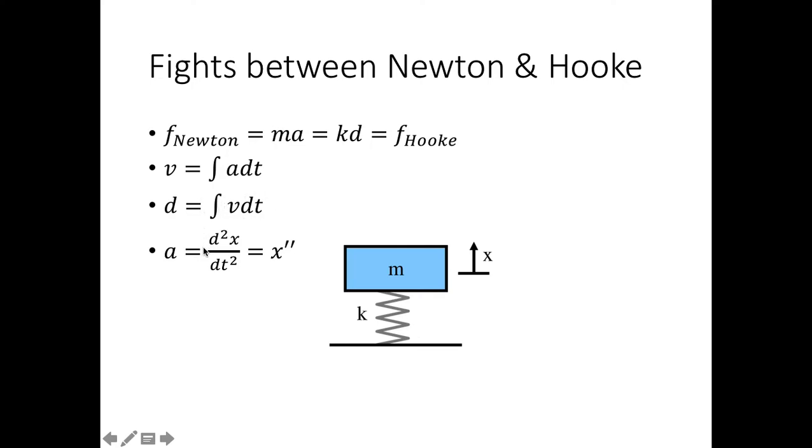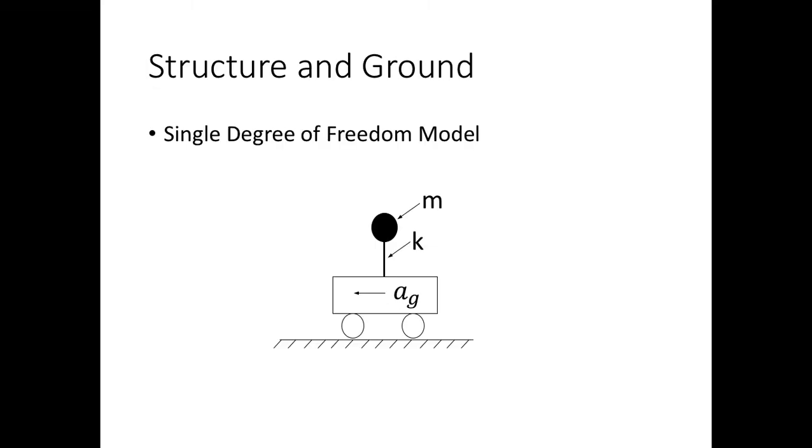So the acceleration will be the second time derivative of x, where x is the displacement. The time differential of displacement becomes velocity, and again becomes acceleration. So this is the basics about velocity, displacement, and acceleration, as you already know from high school.